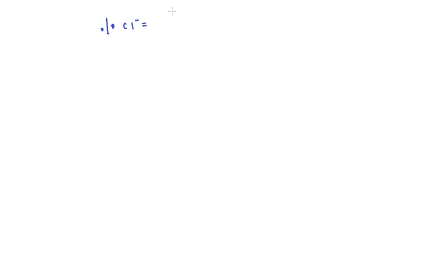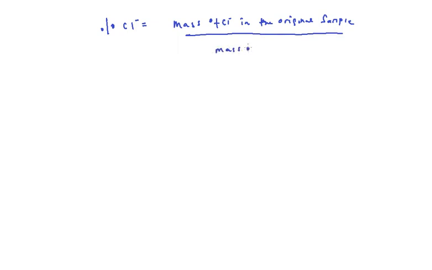The percentage of chloride in a sample can be calculated as the mass of chloride in the original sample, divided by the mass of the original sample, times 100%. So that's how percent of chloride is calculated.